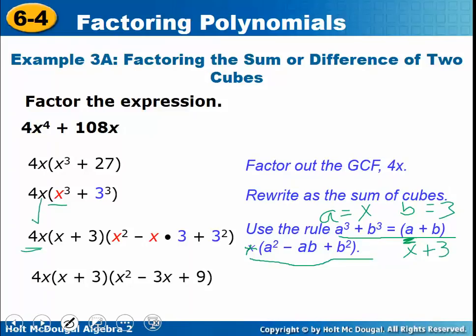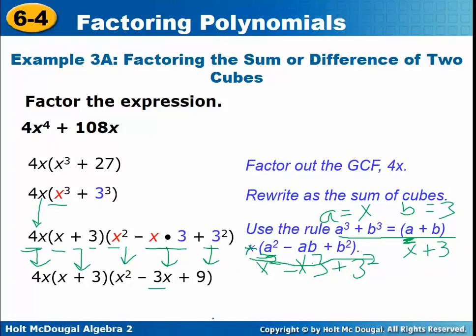So far we have 4x, and then we have a plus b, that's there, and then a squared, that's going to be x squared, minus x times 3, but we write that as 3x, and then plus b squared, which will be 9. So this is all the same thing except simplified slightly. The 3 squared changed to 9, the negative x times 3 changes to minus 3x, and then that's it.